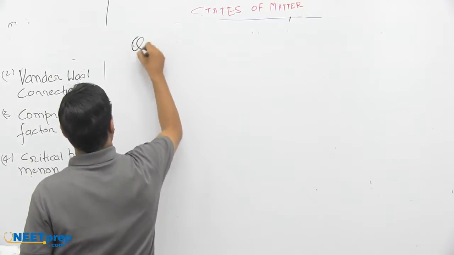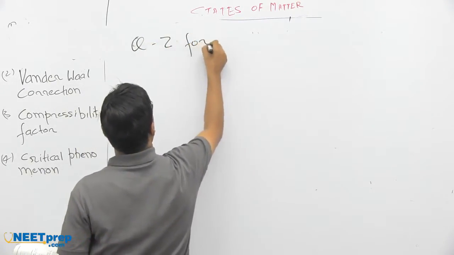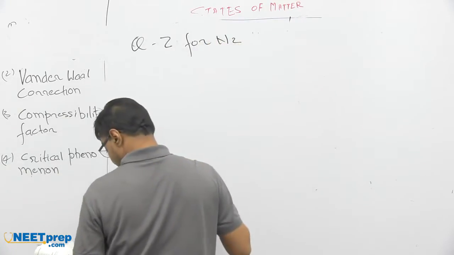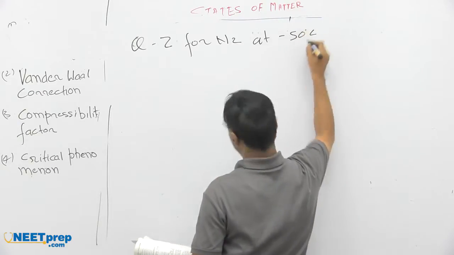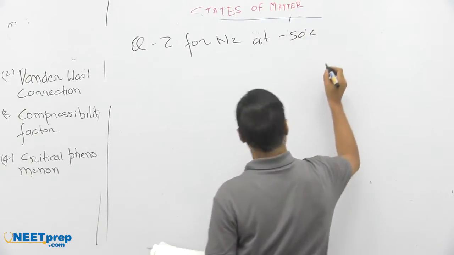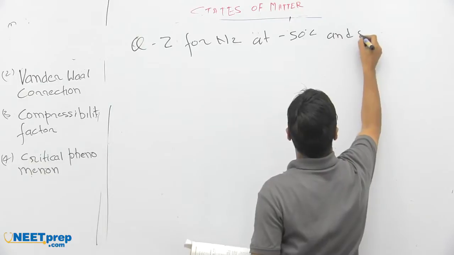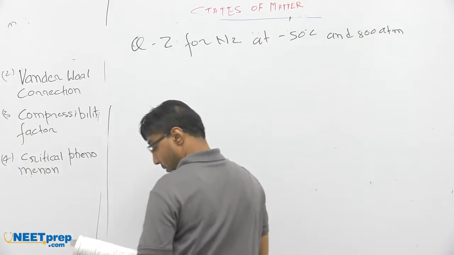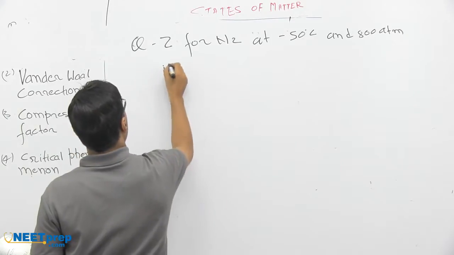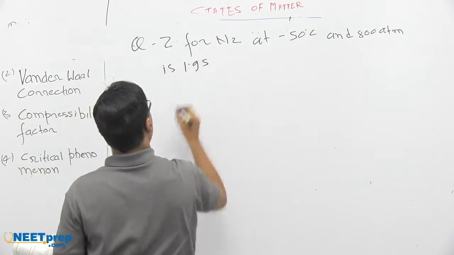Z for nitrogen at minus 50 degrees Celsius and 800 atm is 1.95.